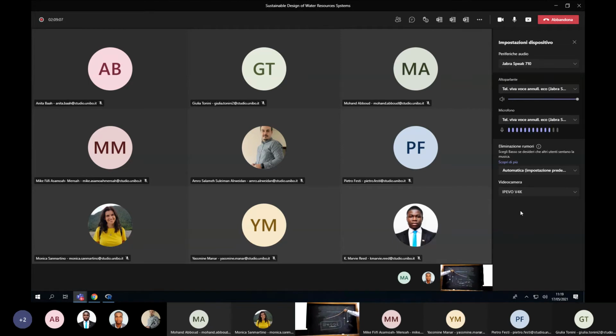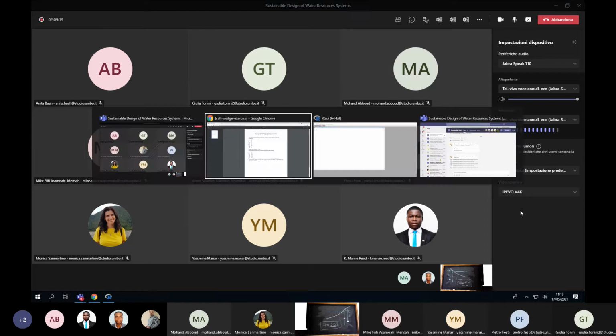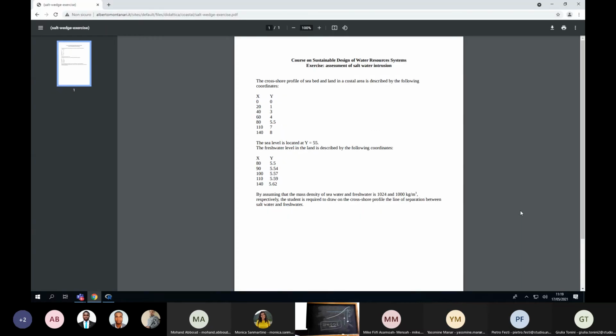And so what you see in the PDF are the coordinates of this profile, which is seabed and land surface. And the coordinates are here, x, y. And then it gives the altitude of the sea level, and it gives also the profile of the fresh water level in the same direction, cross-shore.